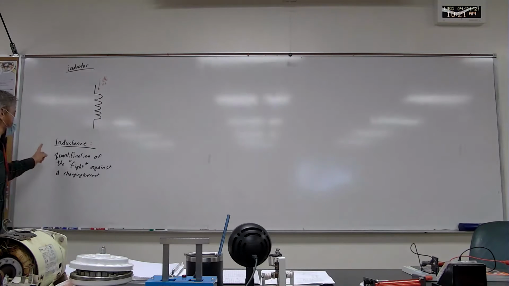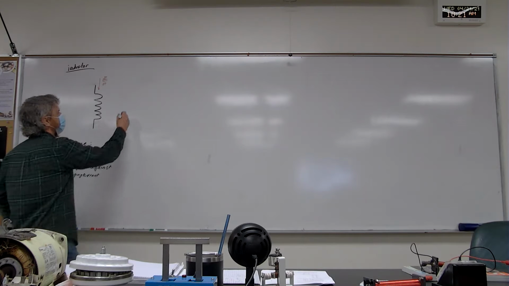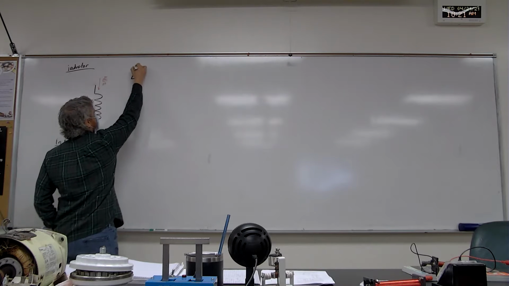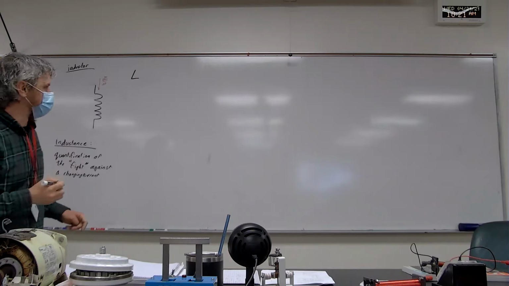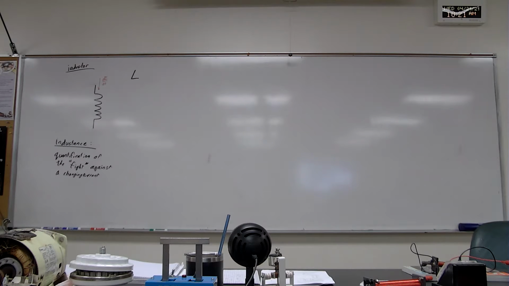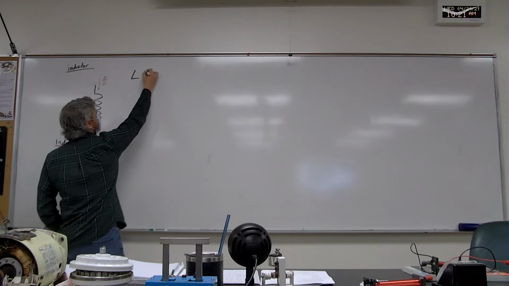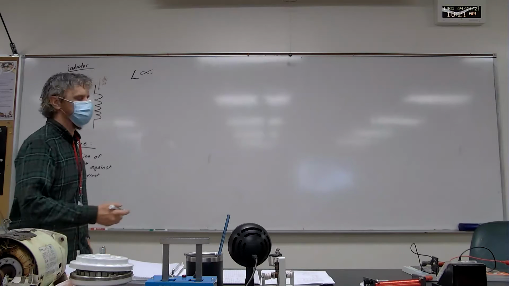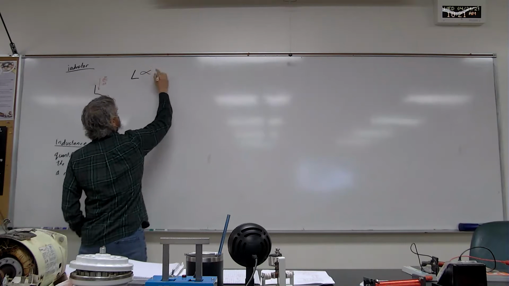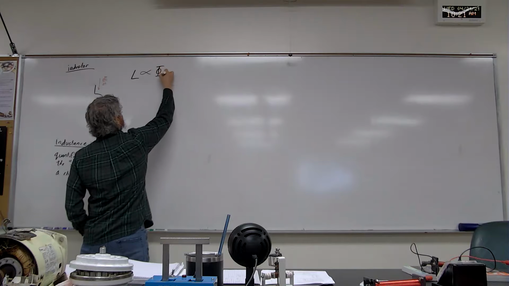Because inductance starts with the letter L, the symbol is a capital L. The symbol for inductance. And again, it is how we quantify. It is a numerical value, and the inductance is proportional to the magnetic flux. And that should make sense, right?